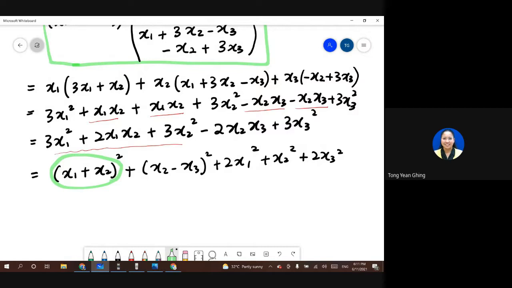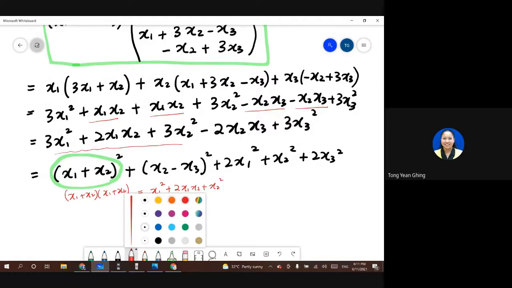When we do (x1 plus x2) square, basically we'll get this one plus 2x1 x2 plus x2 square. So if you look at here, this one, but we still need another 2x1 square. So that's why here I put plus 2x1 square.